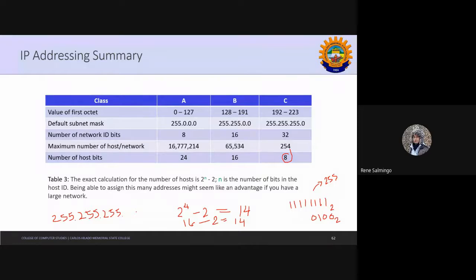So 0 is taken, 1, 2, 3, 4. So what is left is 250. And the maximum value here, as we mentioned earlier, is 254.